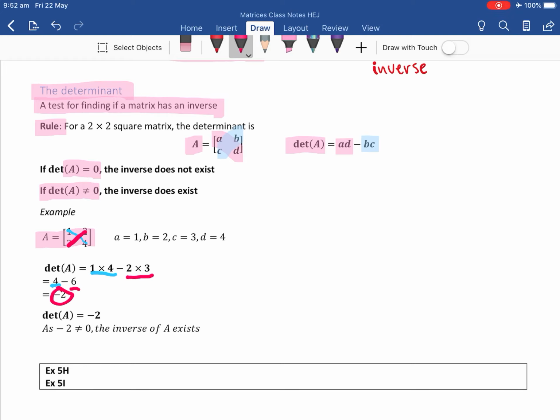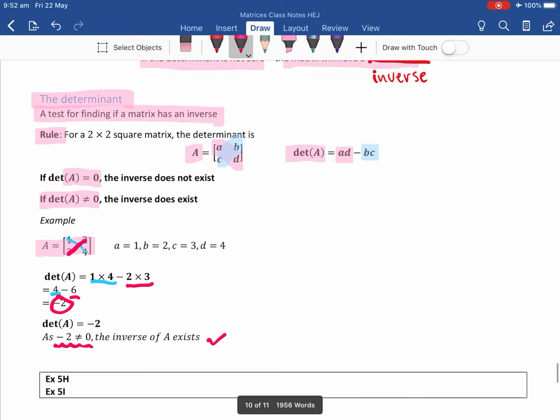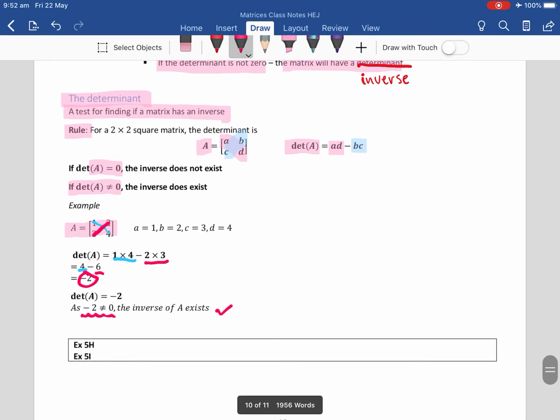Because the determinant, -2, is not 0, that means the inverse of A does exist. So there are 3 different parts here that you need to remember for 5H and 5I, but as long as you stick to all the rules, you should be fine.